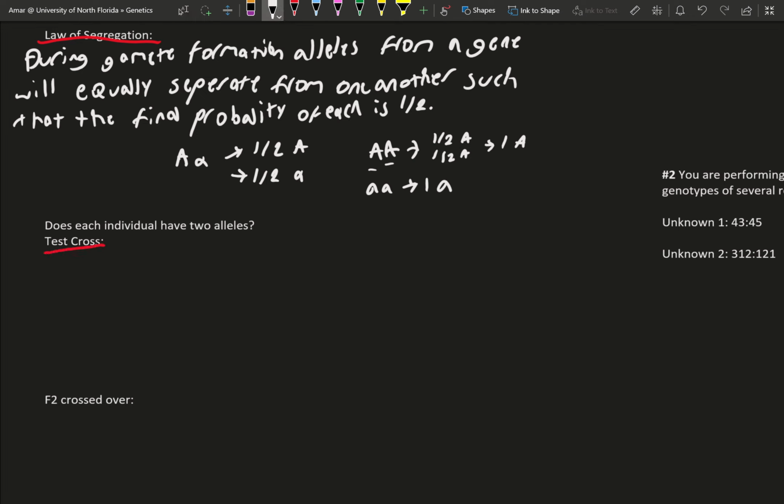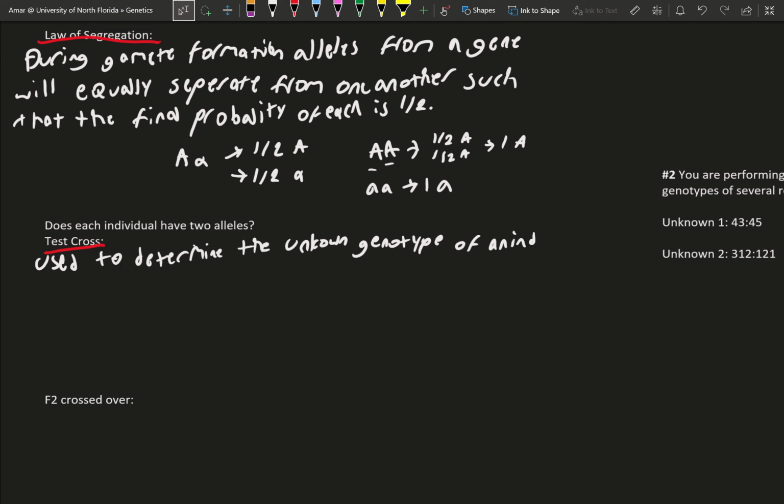A test cross is used to determine the unknown genotype of an individual by crossing them with an individual that is recessive for the trait, homozygous recessive.